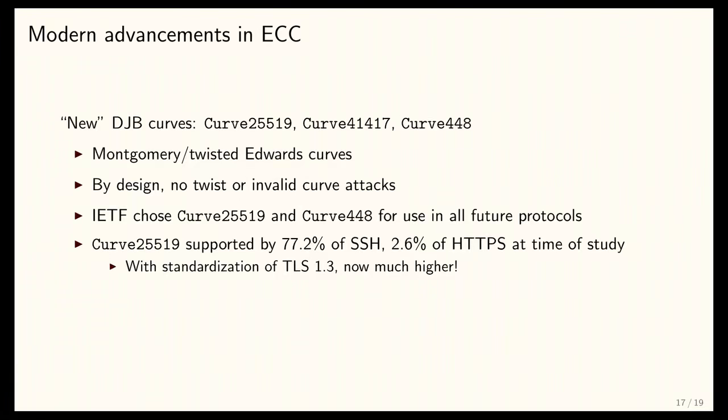They're gaining widespread support, where Curve25519 and Curve448 were recently chosen by the IETF for inclusion in all future protocols. They're included in the TLS 1.3 standard as well. At the time of our study, Curve25519 was supported by over 77% of SSH hosts and a few percent of HTTPS hosts, but these numbers are now much higher.